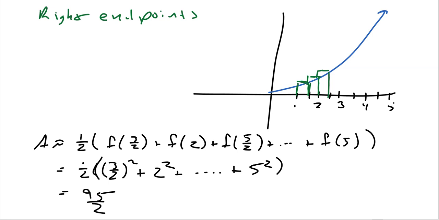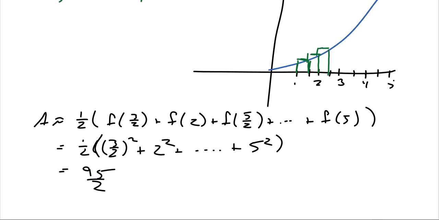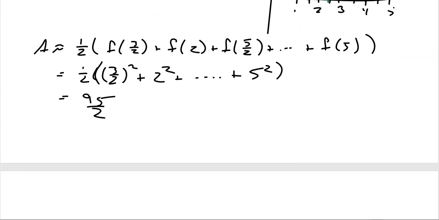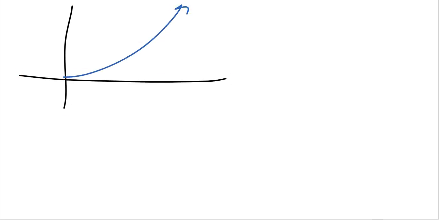Now, ideally, if we want to know exactly what the area is, we have to take that interval, there's my x squared, and we have to have more and more intervals in there. So if we start at 1 and go to 5, and then we tack in more intervals to make smaller and smaller rectangles, what are we doing there?